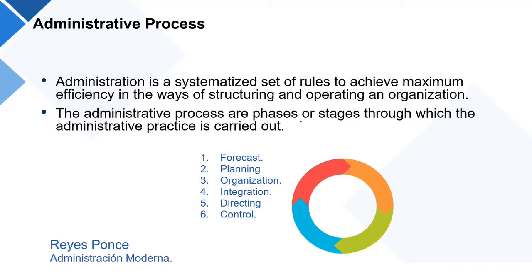In which of these steps do you think budgeting takes place? I mean, budgeting will be in everything, right? But in which one do you think it's predominantly taking place? Planning. Planning will be one. Which other one? Integration?